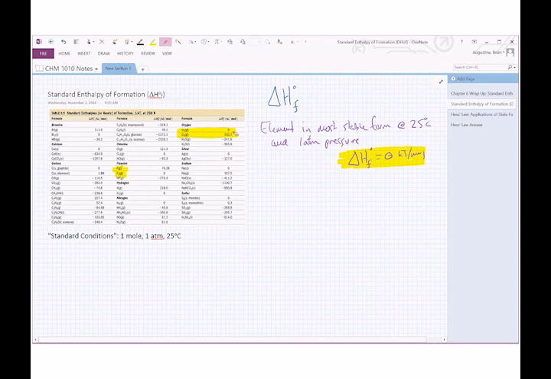The second thing we get is there's a lot of things in here with negative numbers. There's a negative, that's HF. Sodium carbonate is negative 1120. Sodium chloride is negative 411. You notice what all these have in common. These are all compounds. Okay? Negative 634 for calcium oxide, negative 1207 for calcium carbonate.